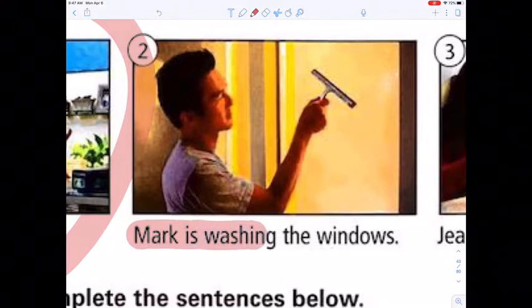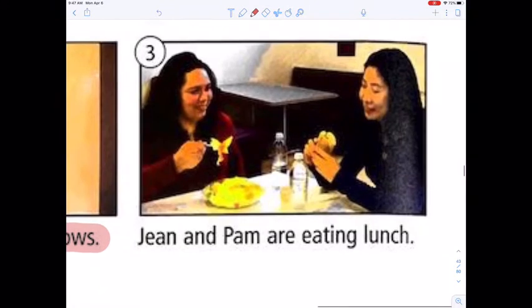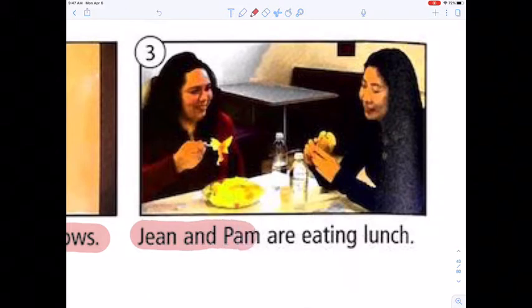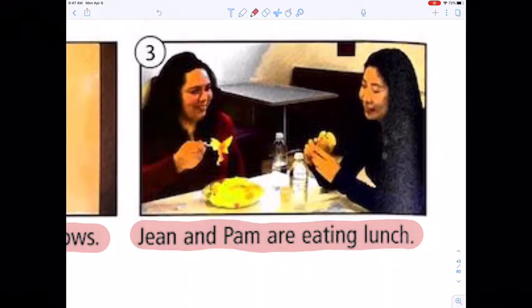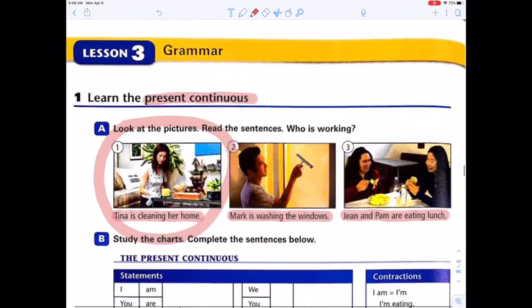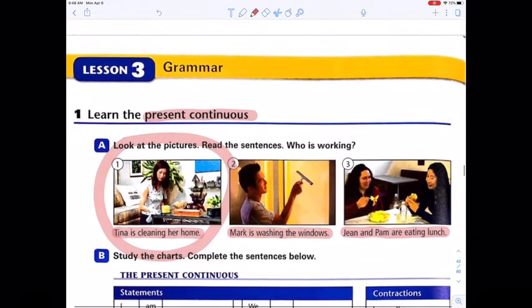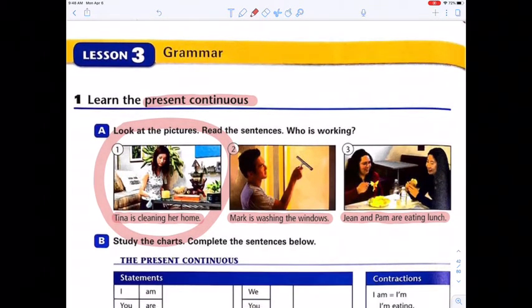Mark is washing the windows. Number 3. Jean and Pam are eating lunch. All 3 pictures, all 3 sentences are using the present continuous.